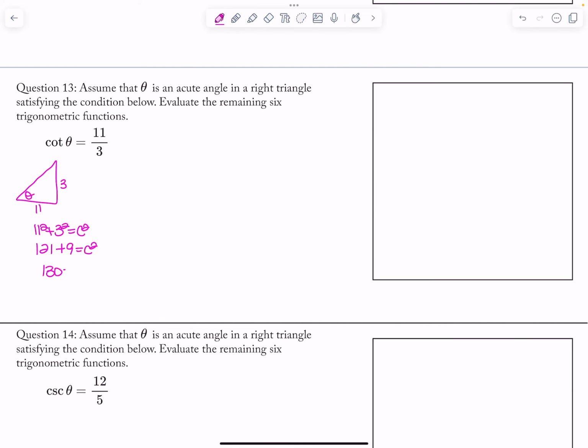So 130 is equal to c squared. So 130 divided by 4, I don't think works out. Divided by 2, 65. Divided by 5, 13. Nope. Okay. No perfect squares.